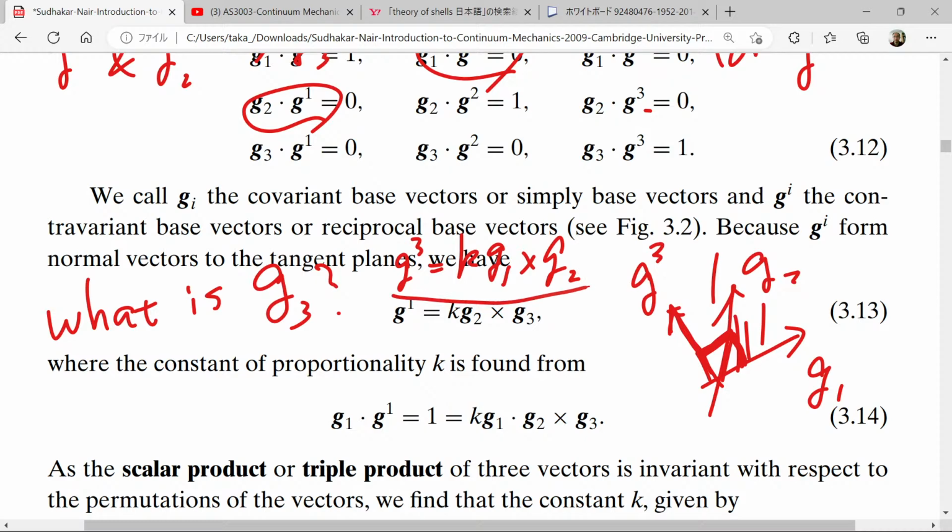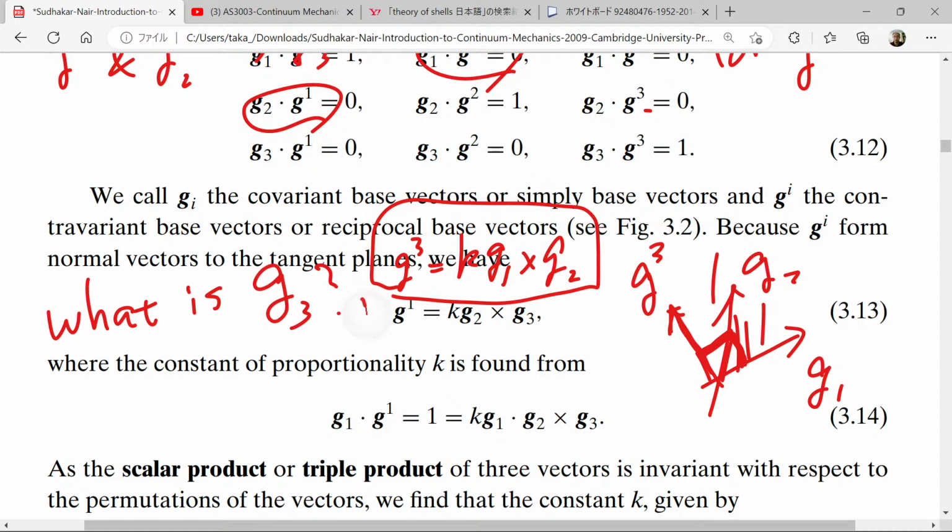And this is just the definition of G3. And we just require the same relation applied for permuted indices like G1, G2, G3.